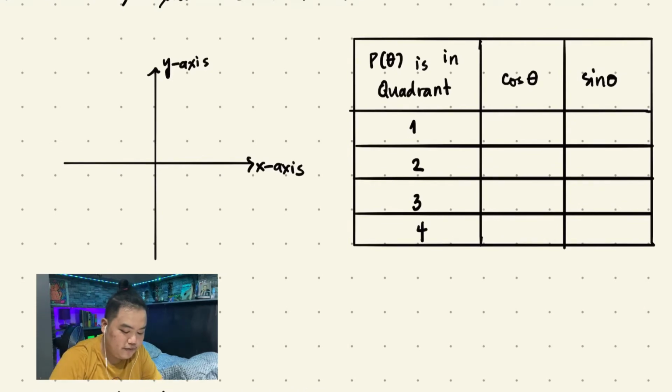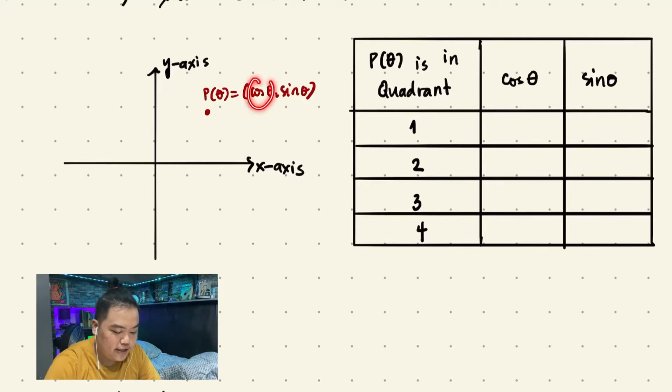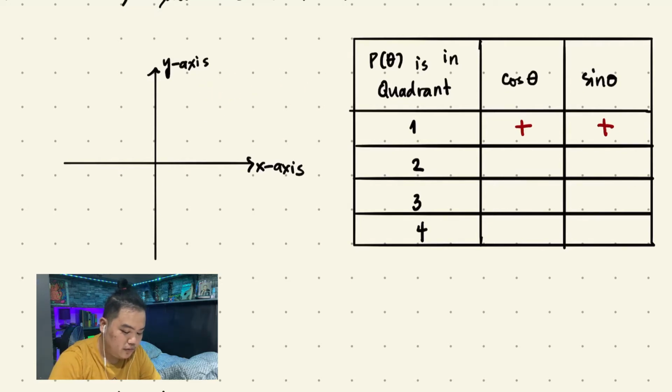So, let's say your P of theta is in quadrant 1. So, it's a point with coordinates cosine theta, sine theta. So, since nasa quadrant 1 siya, ang cosine is positive and sine is positive. X and y coordinates are positive. And then, if your P of theta is in quadrant 2, kung nandito siya, the x coordinate must be negative, the y coordinate must be positive. So, negative ito, positive ito.